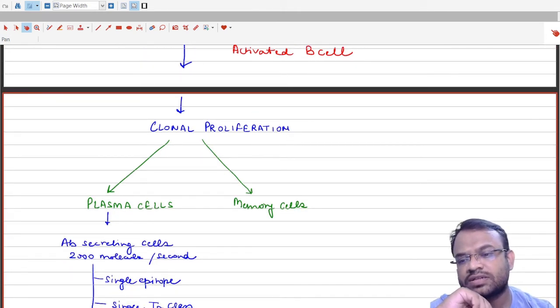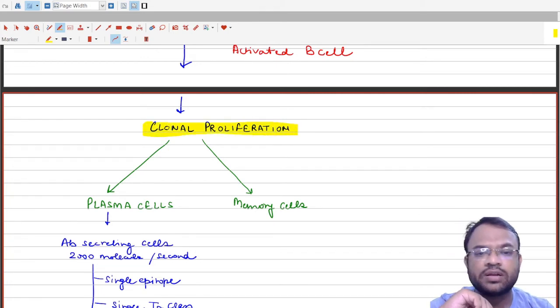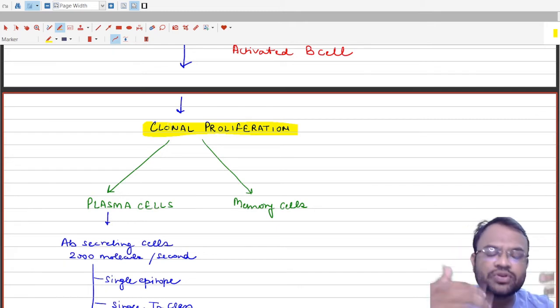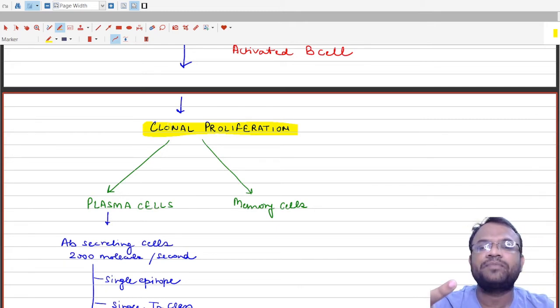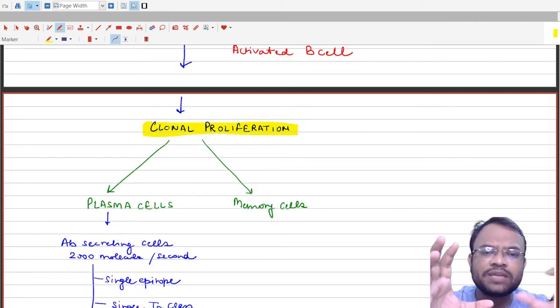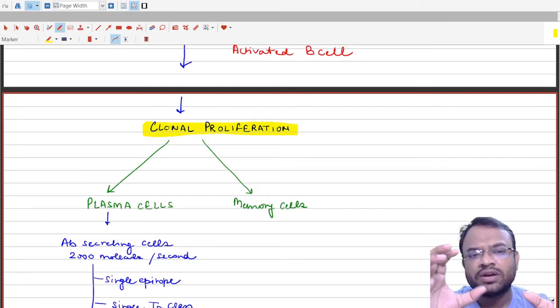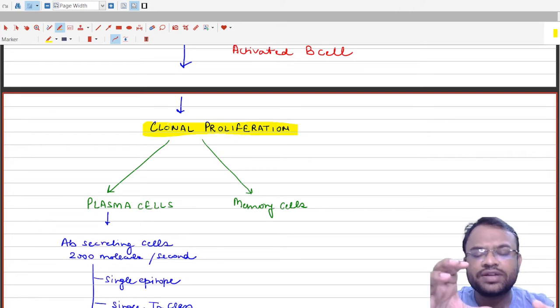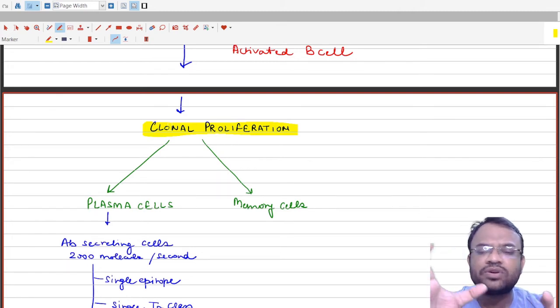Another process will start, that is called clonal proliferation. Clonal proliferation means making clones of itself, multiplying. Why is the multiplication required? Because in order to encounter the antigen, only one B cell would not be enough.